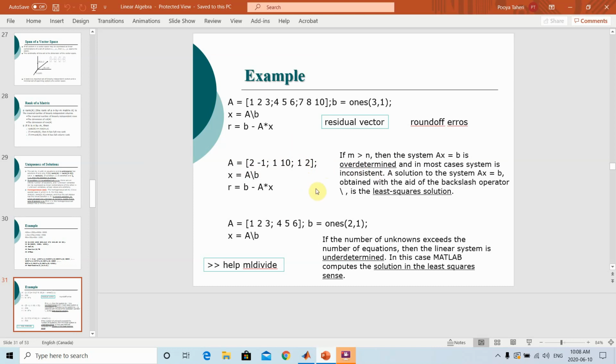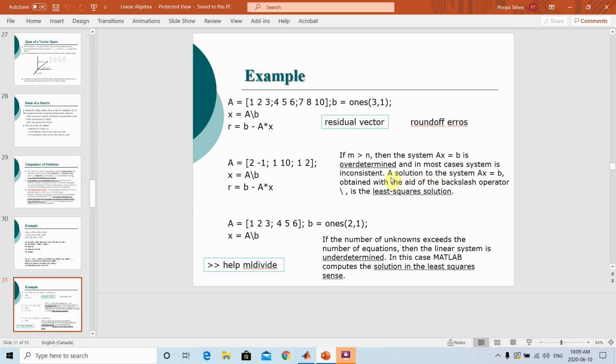We have more equations than the number of unknowns. In most cases, one of these equations is going to be inconsistent with the other equations. So we have too much information, more information than we need, right? Most of the time, one of these equations is going to create inconsistency.